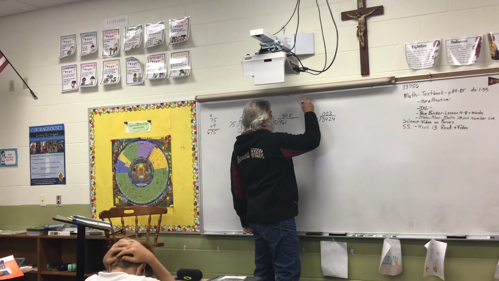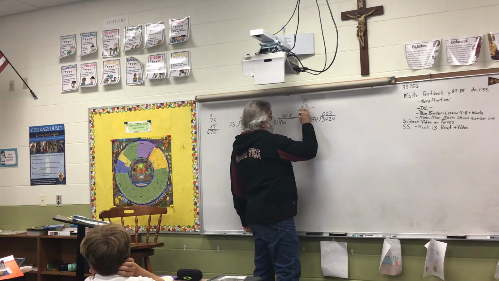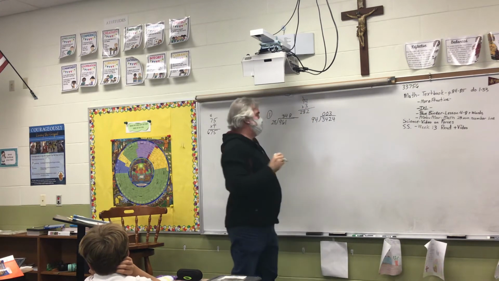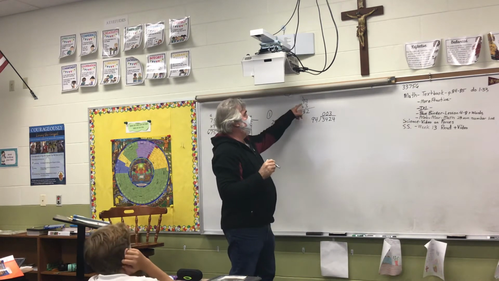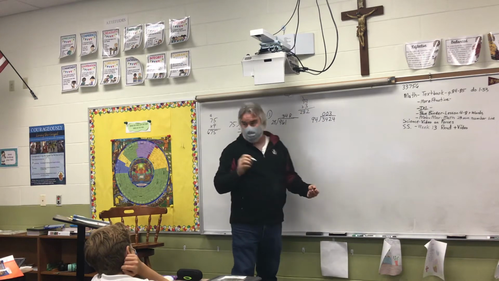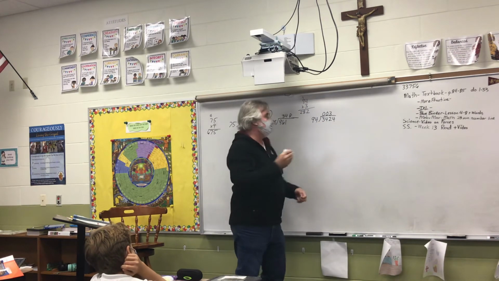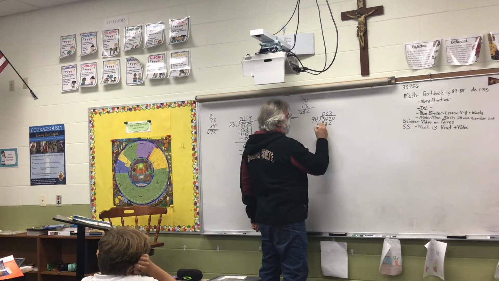3 times 94, 12, 27, 282. Okay? Because I know that 9 times 4 is 36 and it's going to be above this. Does everyone see that? Okay? So I'm going to put the 282 under here, subtract.